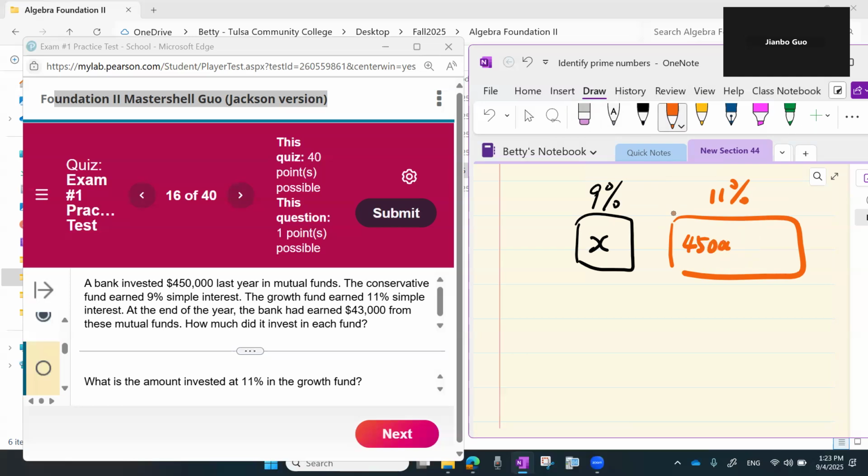I can use a parentheses. So inside the box, I have the dollar amount that invested in the account by the bank.